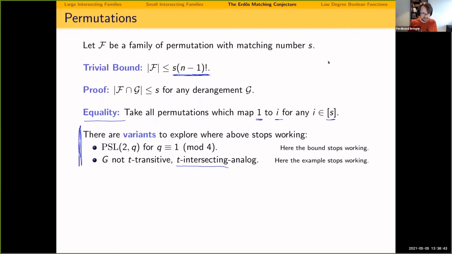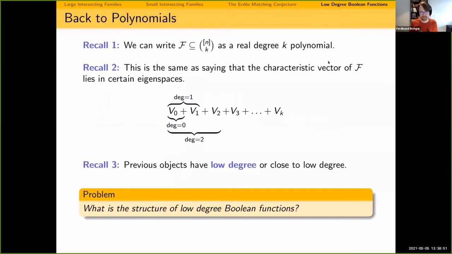Now, the last part I want to talk about is what I would call low degree Boolean functions. So we saw we can always write a family of k-sets as a real polynomial of degree at most k.